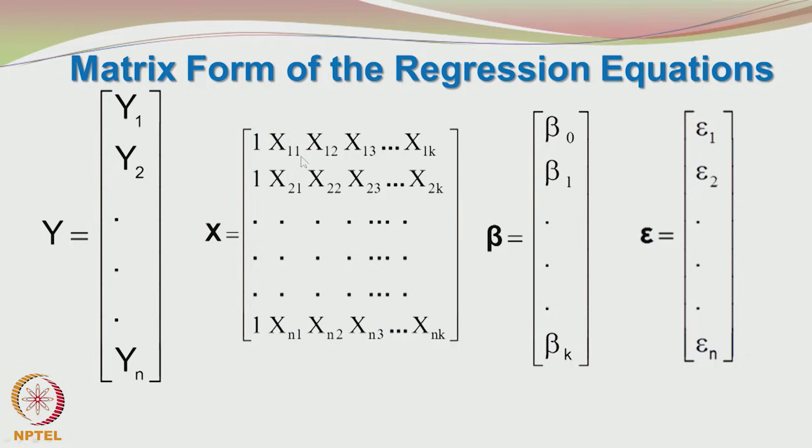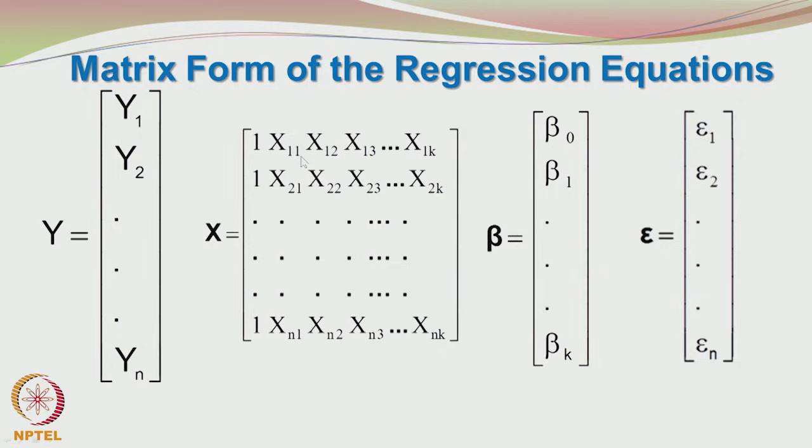So, when you represent this in matrix notation, you get nice compact forms. You have the y column vector, which comprises the n experimental observations running from y1, y2, so on to yn. Then you also have the X matrix, a very important matrix, which has a column of 1s. This corresponds to the intercept. I will come to this in a moment.